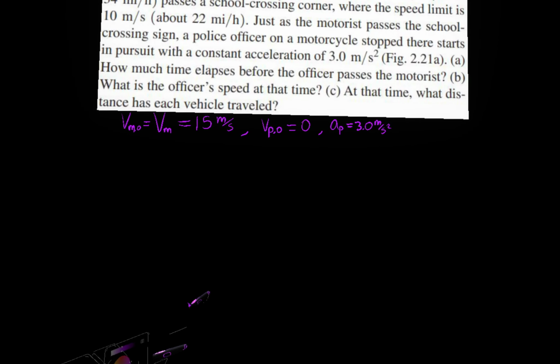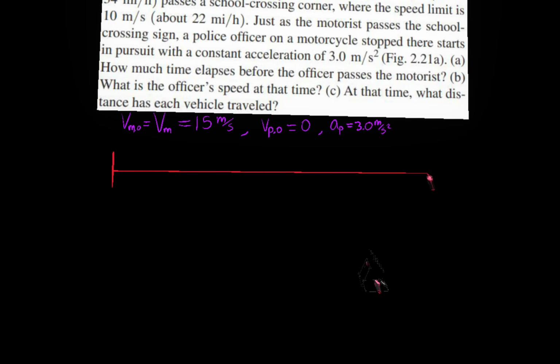So let me use another color so that this is kind of like our work here. We have some line here that signifies position equals 0. And we have some direction, some axis that they're traveling in, yeah?